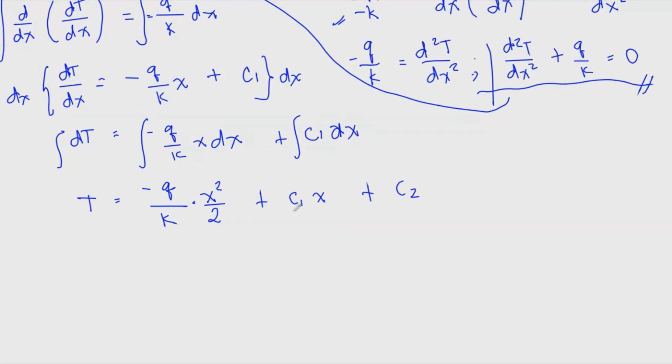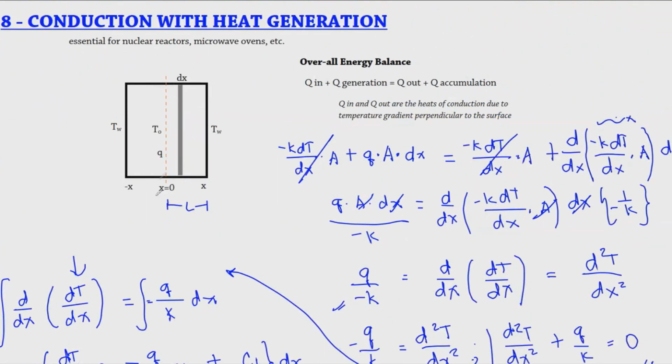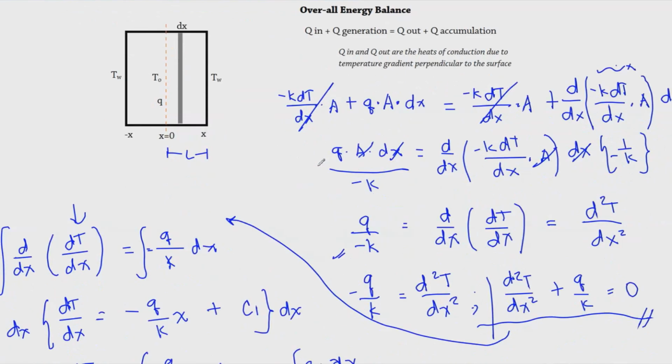Now for c1, we could just go back to this equation here. This is c1. So if dt over dx equals negative q over k x plus c1, and then at x equals 0, which means that we're typically considering the center of the slab here, where heat just starts being generated.